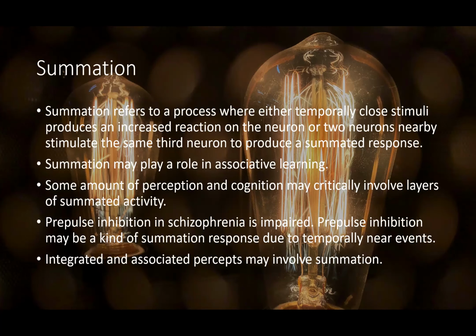And this may play a role in associative learning. Some amount of perception and cognition may rely on layers of this summated activity. I have a hypothesis that summation is a huge part of a lot of our conscious experiences.